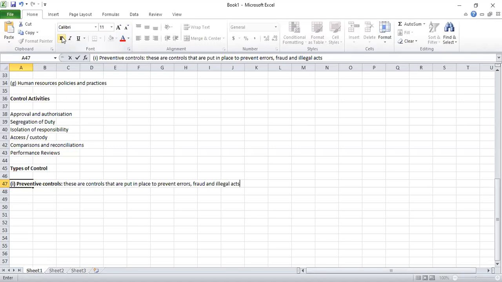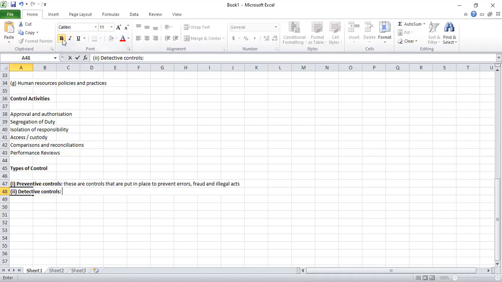Then number 2, detective controls. With detective controls, a problem has already happened, and these controls are there to be able to note that there is a problem.